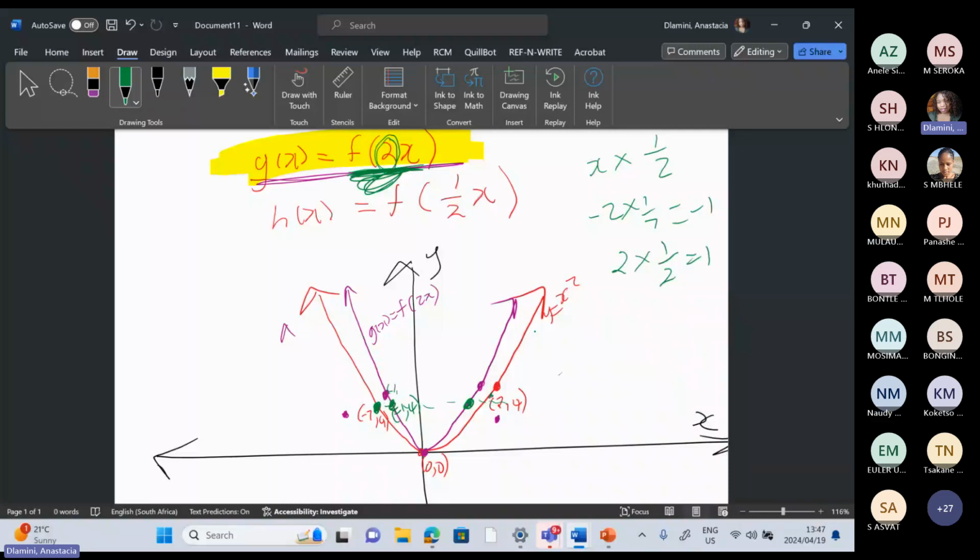Meaning that the point will be somewhere here now. But the y value still remains the same. So this x value is 1. Initially it was at negative 2, and initially here it was at 2. So the y value remains the same, but the x value changes. And this one the same: 0 times half is equal to 0. That's why it's the inside graph.